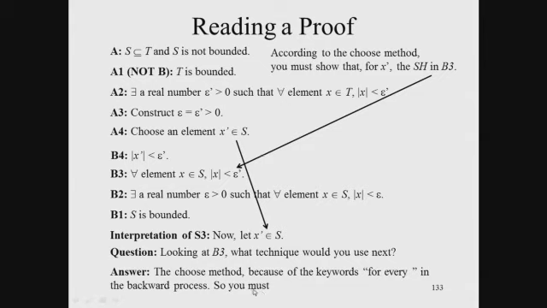And now I hope at last you can understand the statement, let x prime be an S. What the author has done is used the choose method after realizing that first you have to do the construction method, and as part of the construction method you have to show that for every element x in S, the absolute value of x is less than epsilon prime, and this, keywords for all in the backward process, indicate that the choose method should be used.